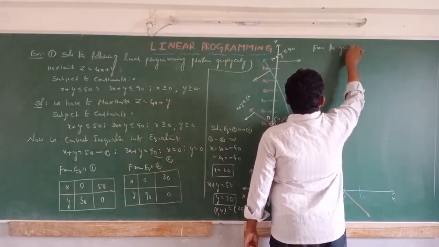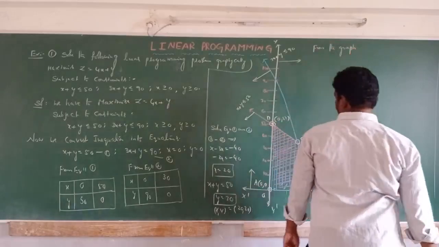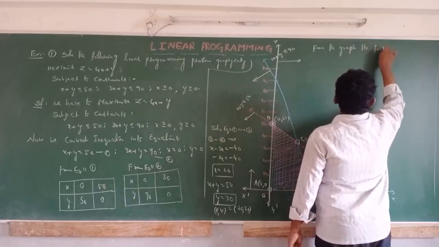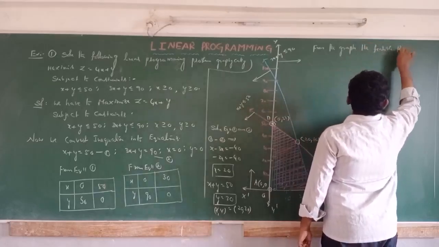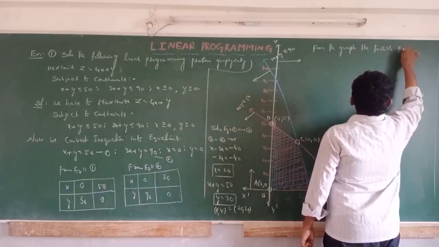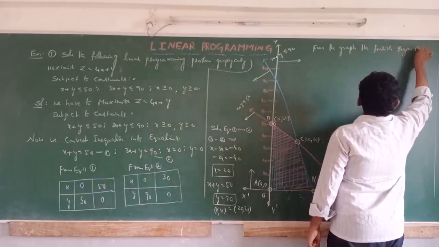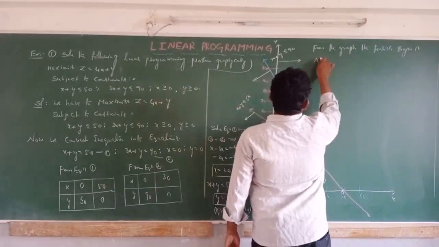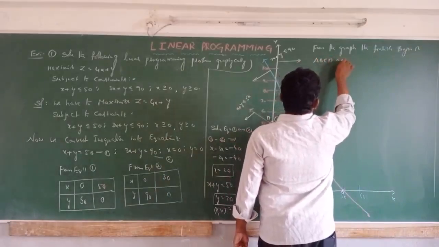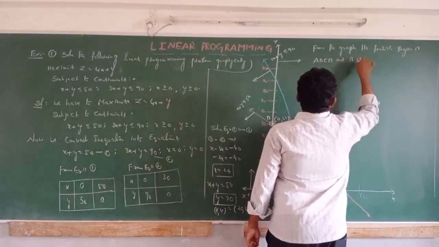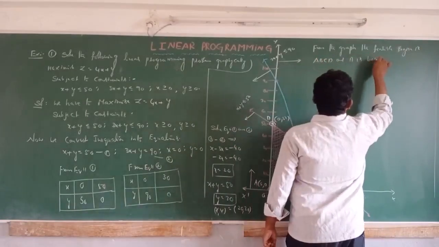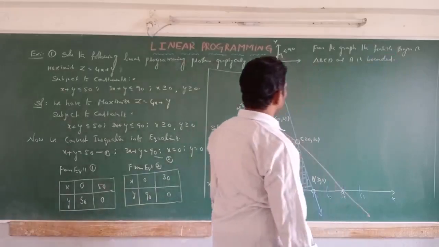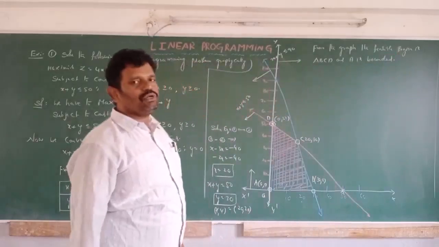From the graph, the feasible region is ABCD and it is bounded. The feasible region is a bounded region.